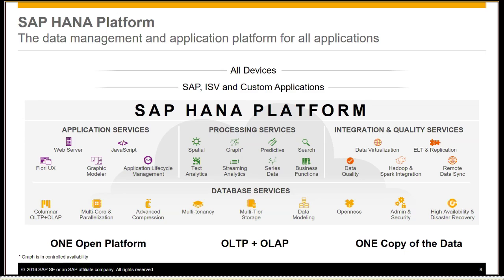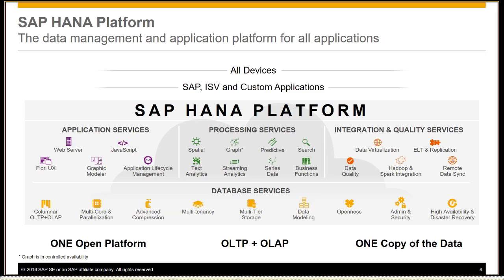And if you look inside, it does have complete ANSI compliant database services, what you see at the bottom of the picture. Then apart from that, it does have built-in application lifecycle management. That means it has a web server, it has integration into the application development technology so that you can develop and deploy applications inside SAP HANA.